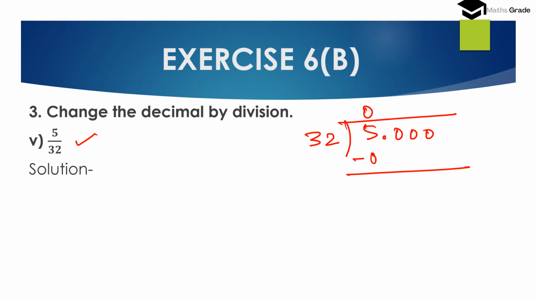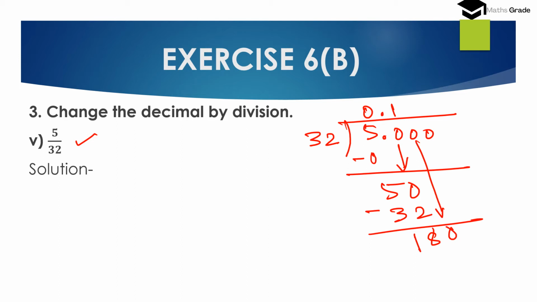Now 5 minus 0 is 5. Write this 0 here and put the decimal point here. Now in the table of 32, 32 multiplied with 1 is 32. Now 50 minus 32 is 18.